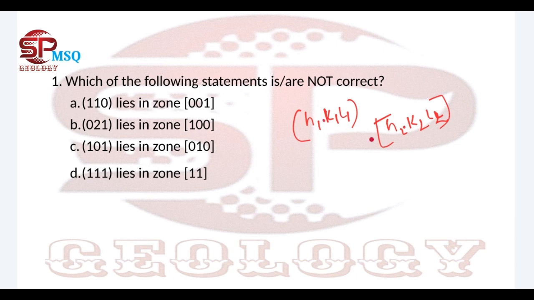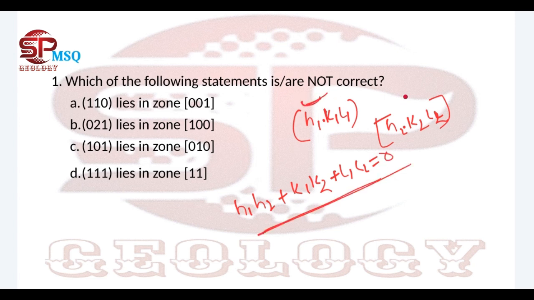If this face lies in this zone, then they will follow this condition: H1H2 plus K1K2 plus L1L2 equals 0, then this face will lie in this zone. This is called the zone condition. So 1 into 1 is 0, 1 into 1 is 0, then 1 into 0 is 0. So the total will be 0. So this statement will be correct.